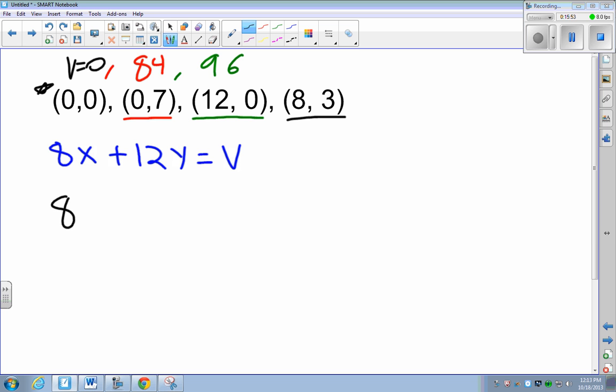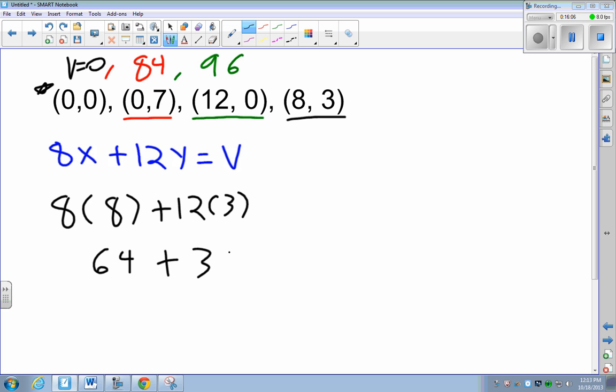So we'll have 8 times 8 plus 12 times 3. What's that equal to? So it's 64 plus 36, which is equal to 100. Boom, there we go. We've got our largest volume right here.